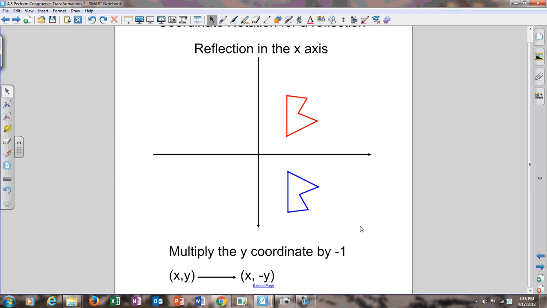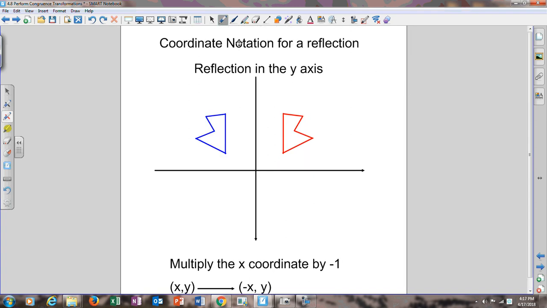So this point here is 2, 1. Then the same point down here is going to be 2, -1, because we just multiply that 1 by a -1, and that's it. So reflection in the x is pretty easy.